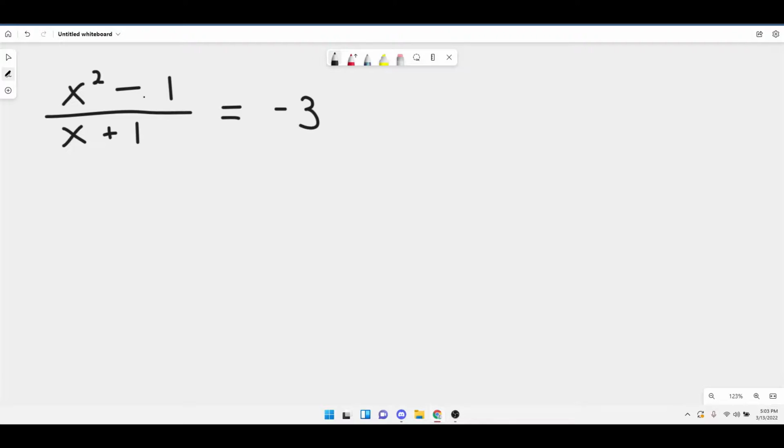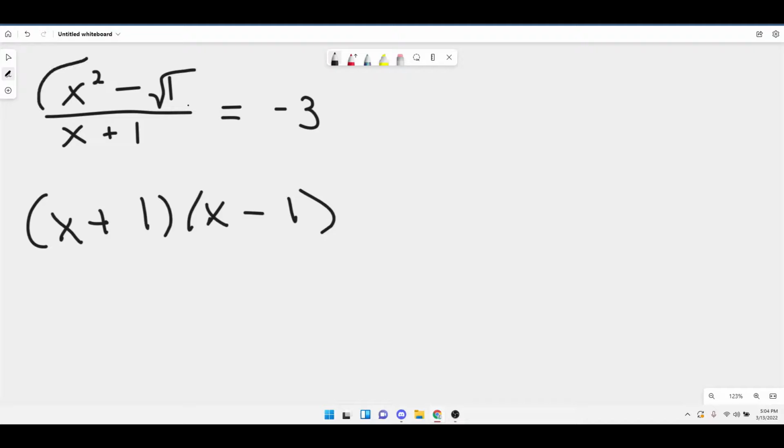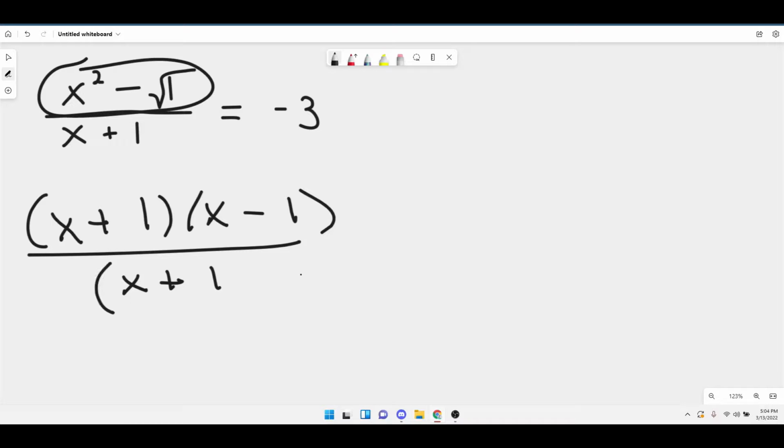As you can see, we can do the square root of 1, and we get just 1. So we'll put x plus 1 times x minus 1, and that's equal to the expression at the top. Now, with this expression at the top over the bottom, we get x plus 1 times x minus 1 over x plus 1, and that's equal to negative 3.